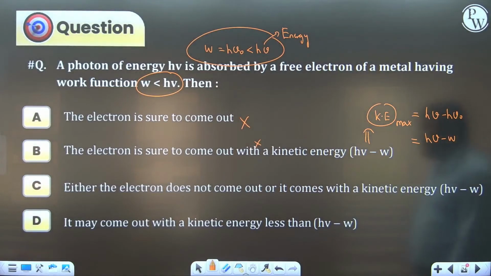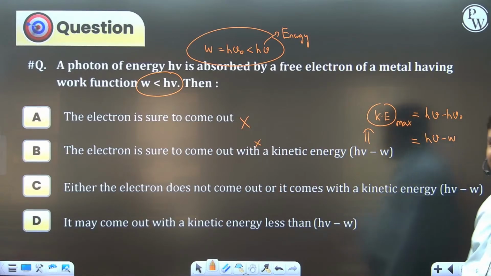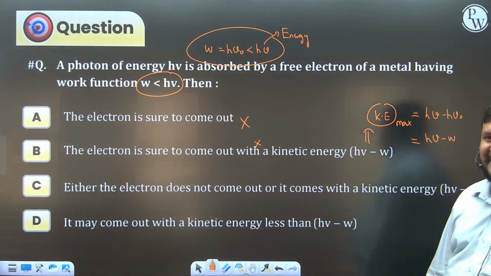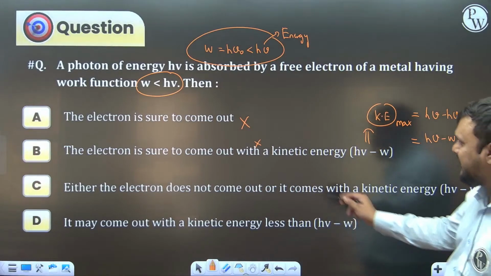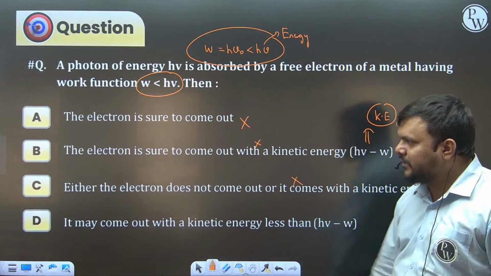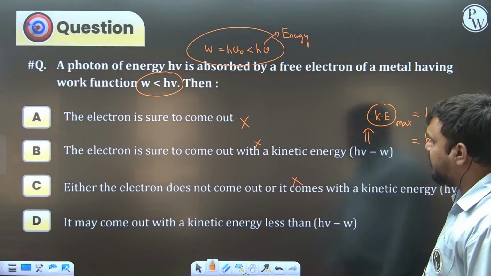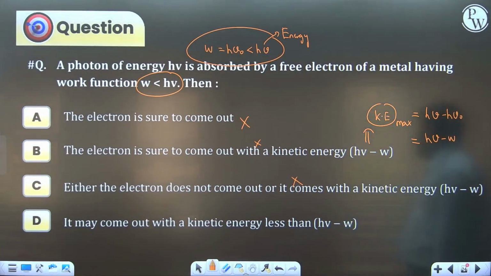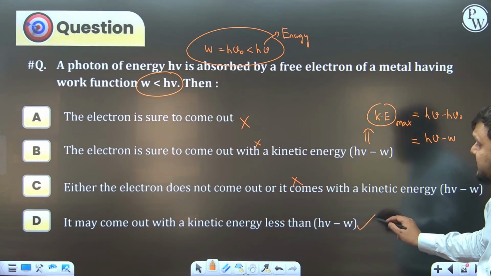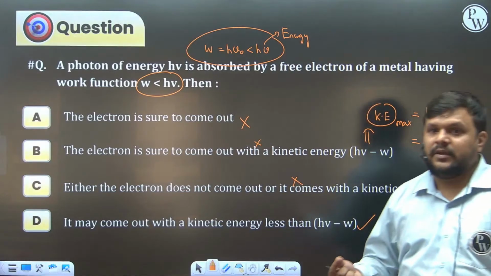So this is also a completely wrong statement. Third statement: either the electron does not come out or it comes out with the kinetic energy h nu minus W. This is a completely wrong statement. And the fourth statement: it may come out with a kinetic energy less than h nu minus W. So definitely this statement, as I discussed, makes sense.